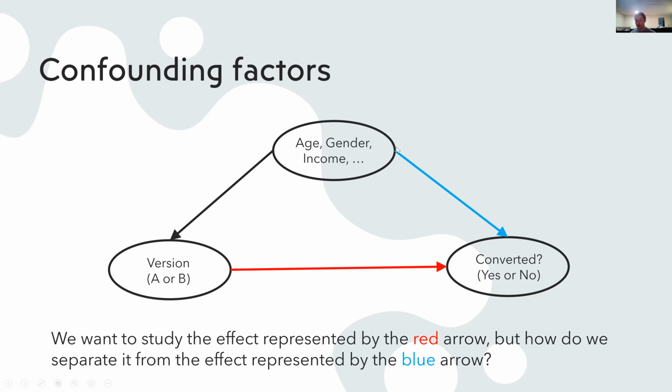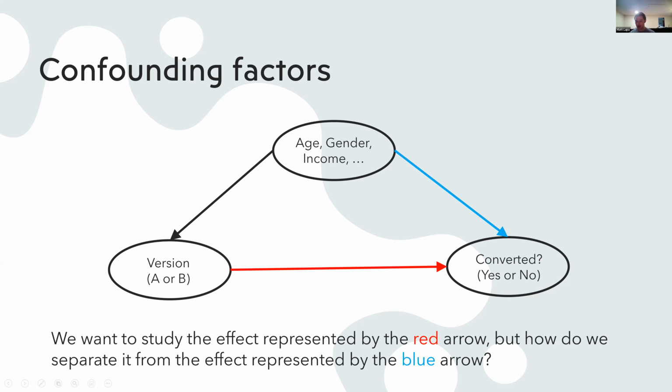And they're also influencing people's decision to click the button or not by this blue arrow. So we'd really like to study the effect represented by the red arrow, which is that if we show everyone version A, are they more likely to click the button than if we show everyone version B? But how could we untangle that from the effect represented by the blue arrow?